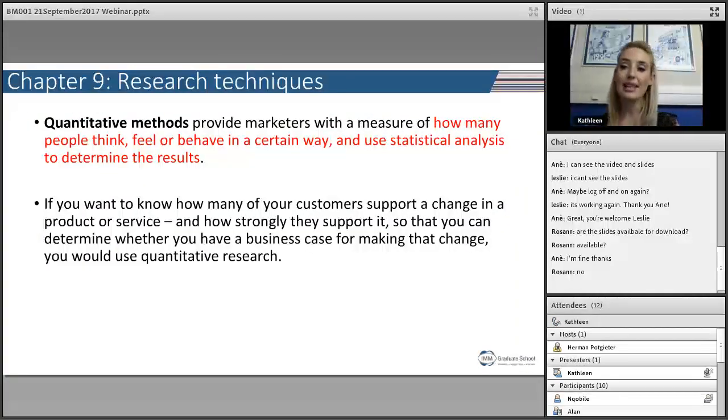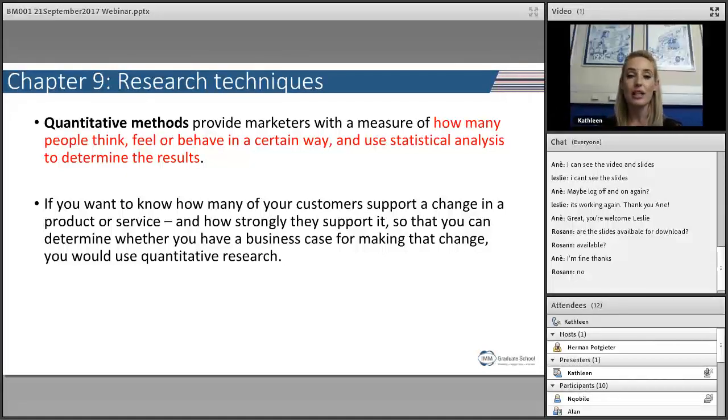It is summarized at the end of chapter 9 on page 353, and it is figure 9.30 if you're looking. So it's a great summary of the different options that you have available to you when conducting your research.